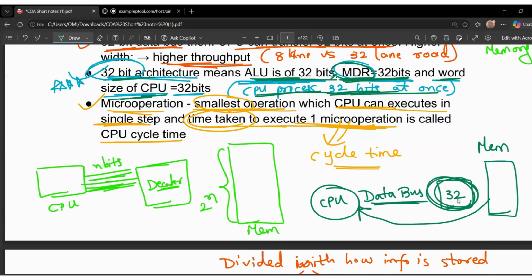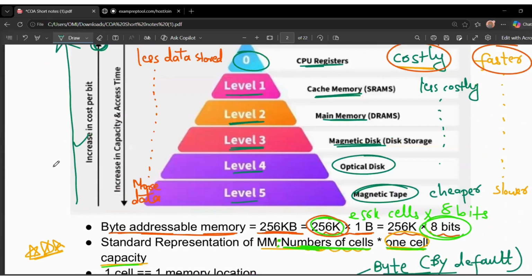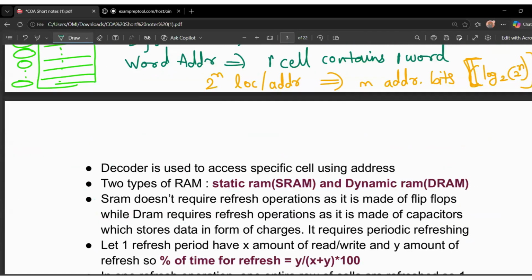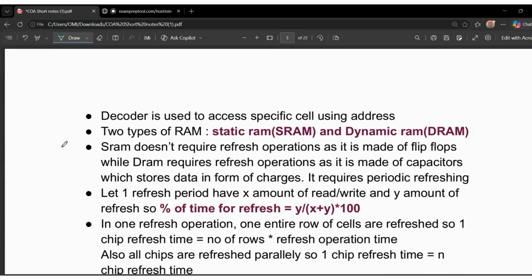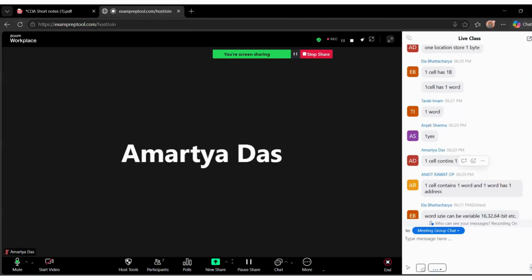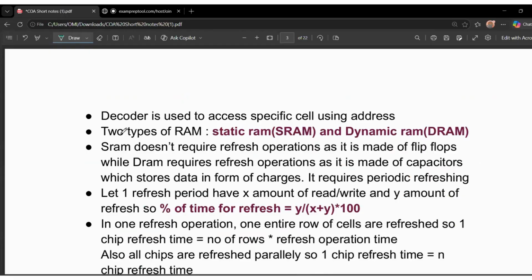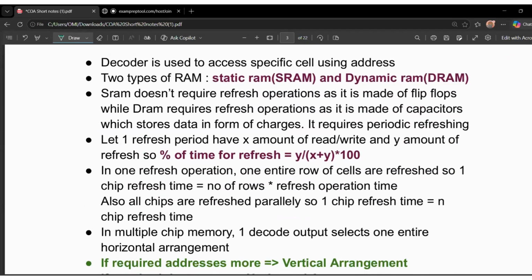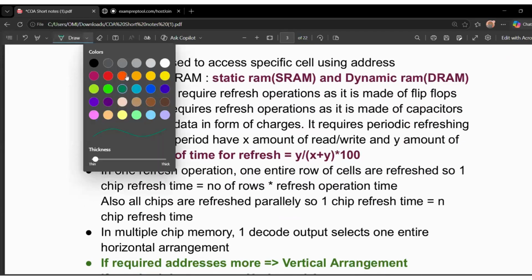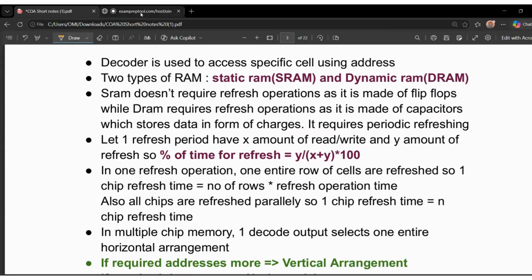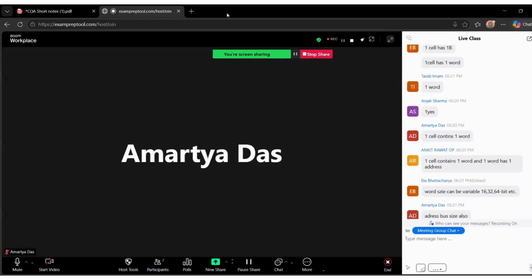So that's why the data bus is 32 bits. I remember many of you made a mistake in this, but you can correct it now. Shall we proceed further?